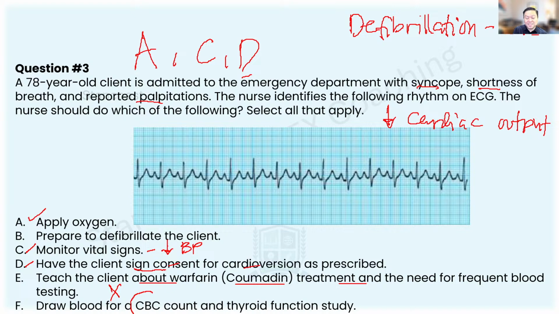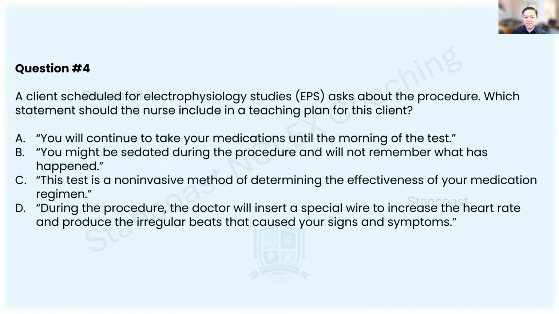The CBC and the thyroid function is only important to assess or evaluate probably anemia, could be infection, or it could be any metabolic problems such as thyrotoxicosis, okay? So our goal for this test question is to focus on stabilizing the client's condition. And again, that is the cardiac output.